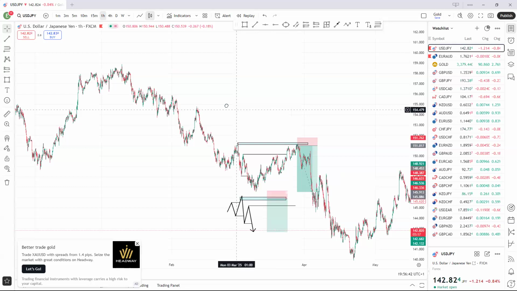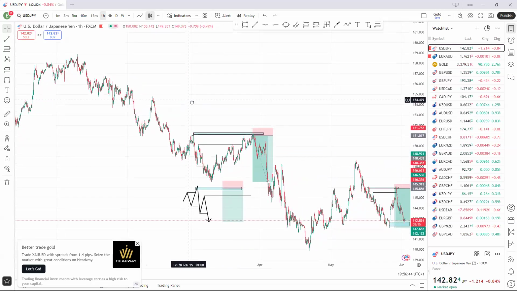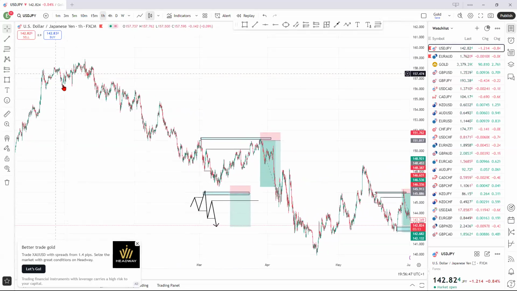And one good thing, if you've already known your bias from maybe your 4 hour time frame, you know that all the trades you take throughout that week for that particular pair will have that same bias.